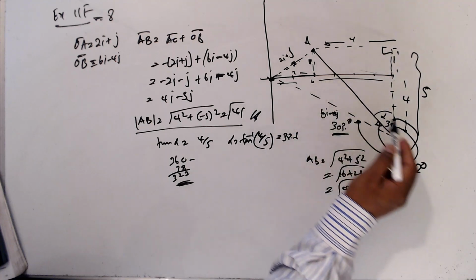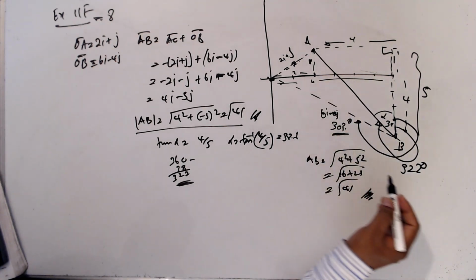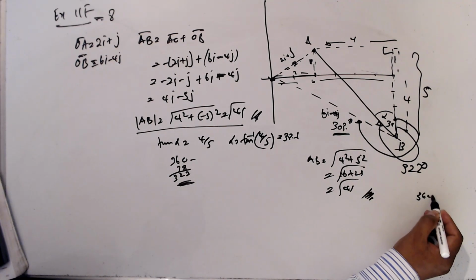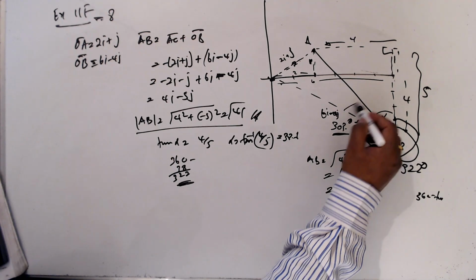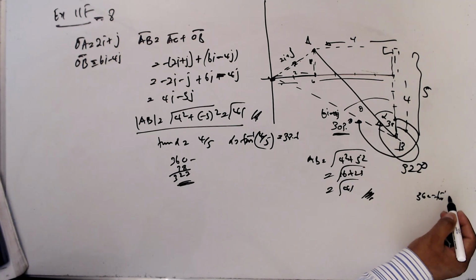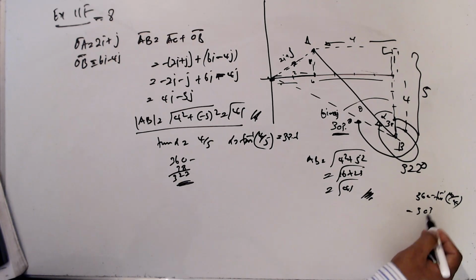So basically 360 minus tan inverse 6 over 4, 303.